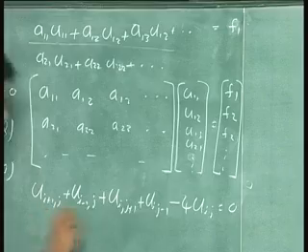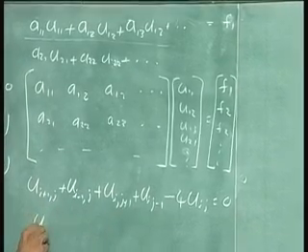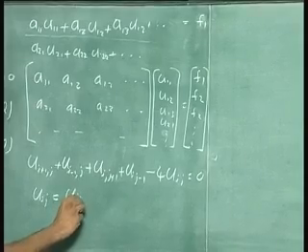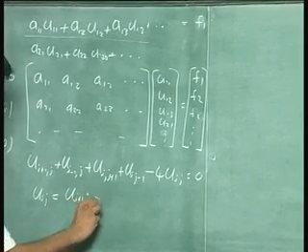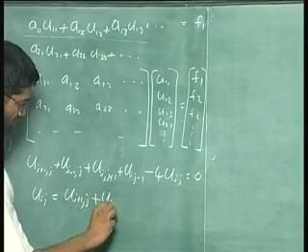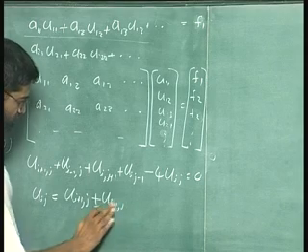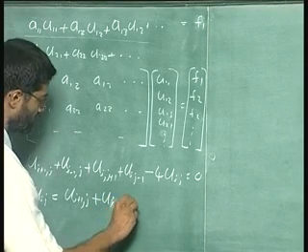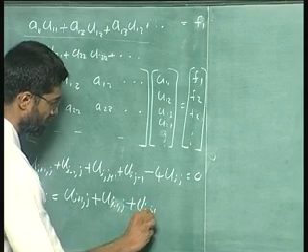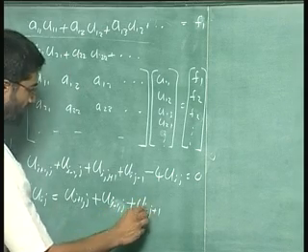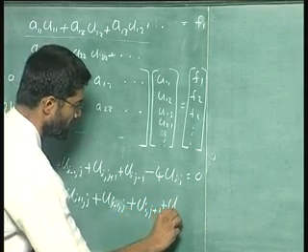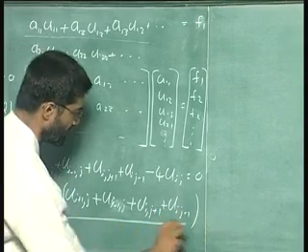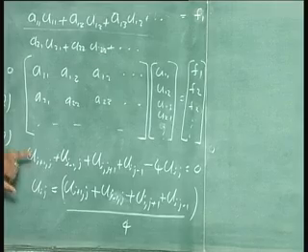Now this equation I can write as u(i,j) equal to u(i+1,j) plus u(i-1,j) plus u(i,j+1) plus u(i,j-1), divided by 4. So I can write this equation in this form.